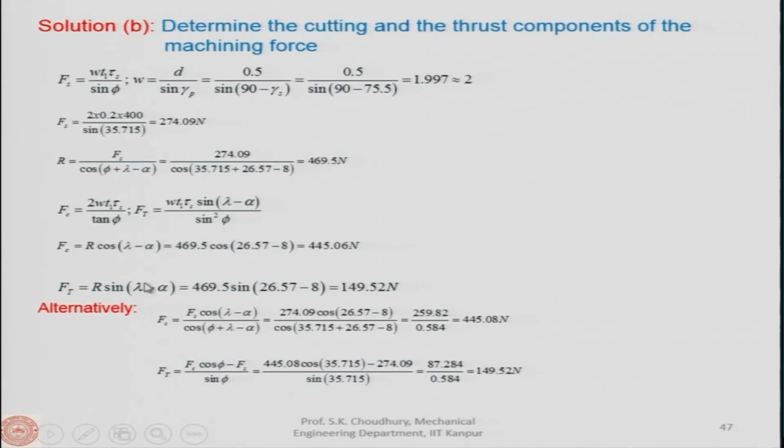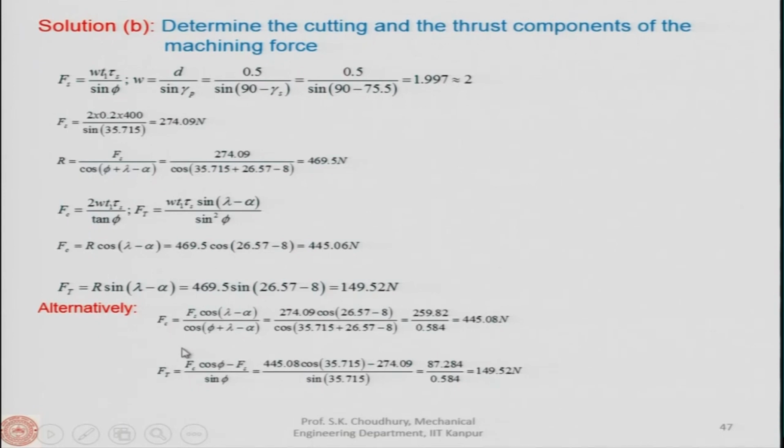I am not going back to Merchant's derivation; you get the Merchant value and put it in the Fc. You can find out that this simplifies to this expression. From here also you can find that Fc is equal to R into this. So, you put the value of R you found out, or you can find it from here also. These are the two alternatives. Similarly, Ft you can find out, which is R sine of this, and these values are known now.